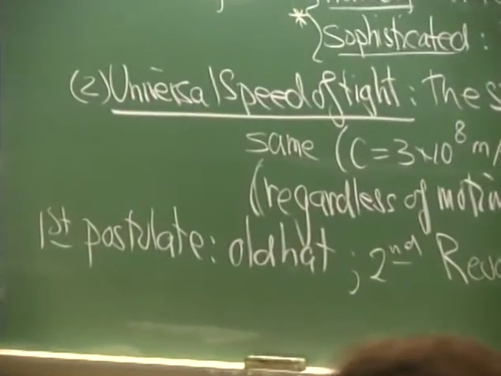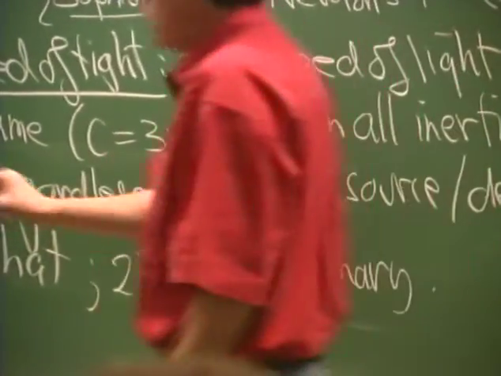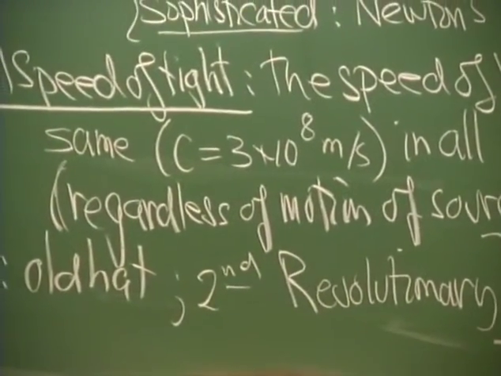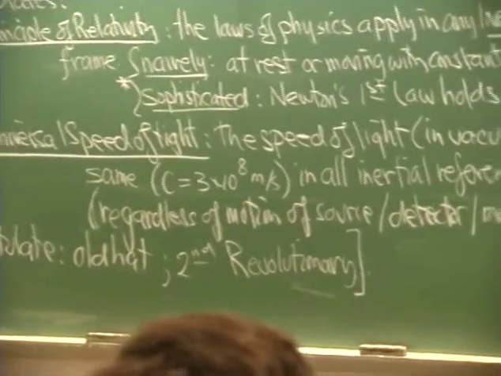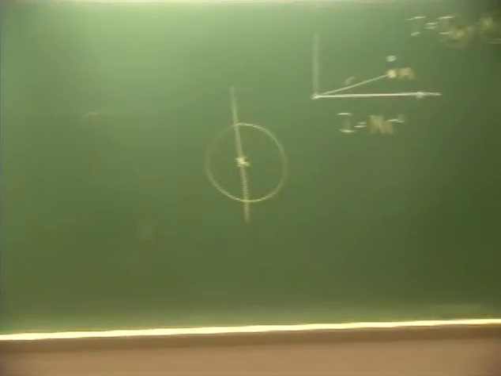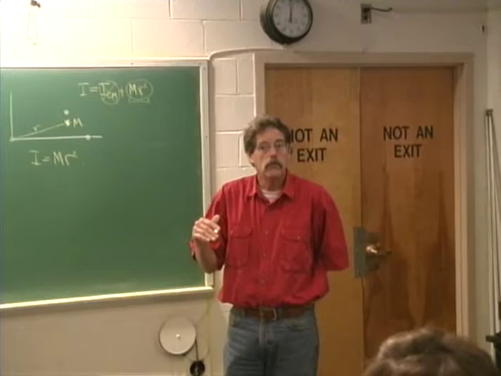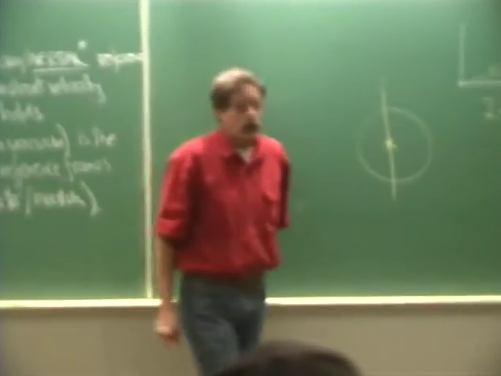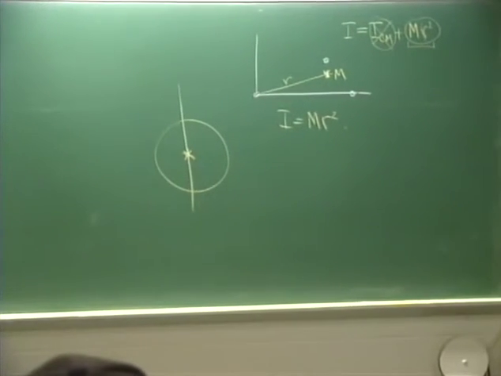Although Einstein wiggled out of the apparent contradiction by introducing a new formula for the combination of velocities, the addition of velocities. I should pause right now and tell you why on earth Einstein would have done something so weird as to propose the second postulate. Because I'm a little concerned about the time today, and I want to make sure that I've got the information that you need for the exam for Wednesday, I'm going to reverse the order and put on hold the explanation for why Einstein adopted the second postulate, and we'll come back to that at the end.